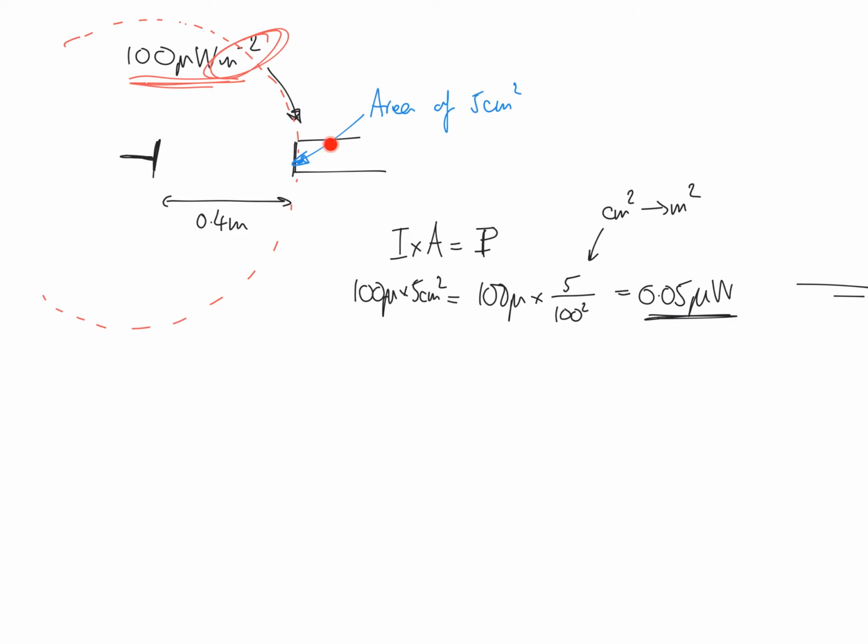It's a subtle idea, but bear in mind that when you get that figure, it's for the entirety of this sphere, of which you have a small detector area, so a GM tube, let's call it.